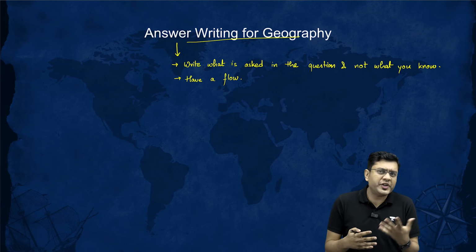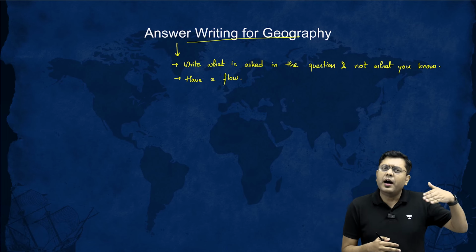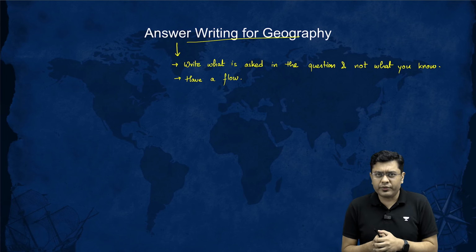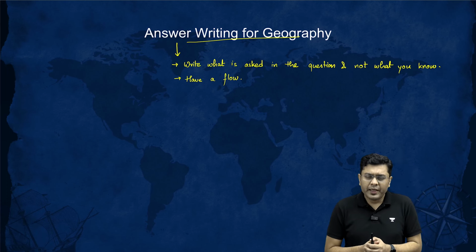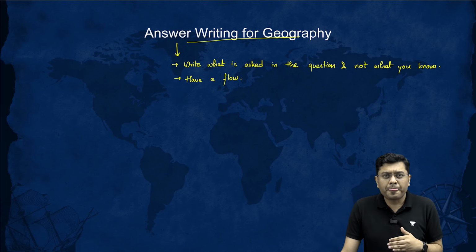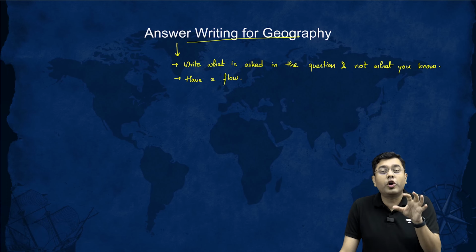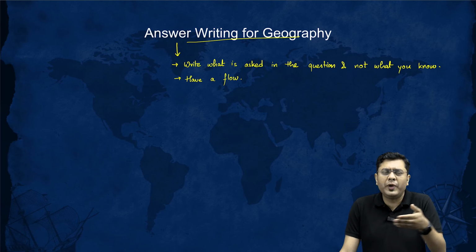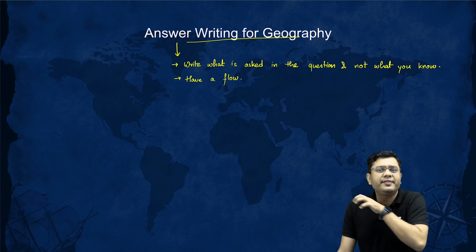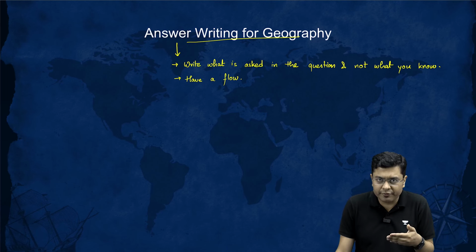For example, if a question is, what are urban heat islands? What can be the solution to these urban heat islands? Now here, when you write the answer, the introduction has to talk about the concept of urban heat islands. You do not necessarily have to start with urban heat islands are these conditions. You don't have to be repetitive.